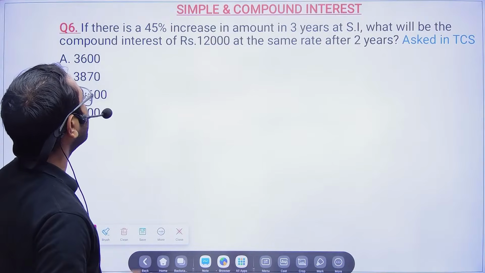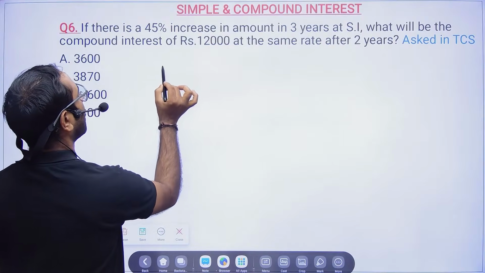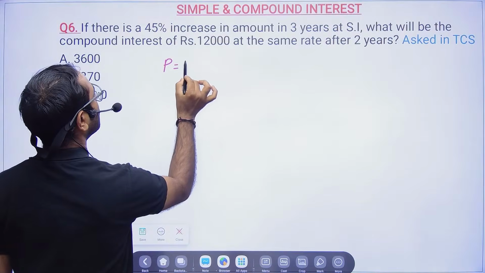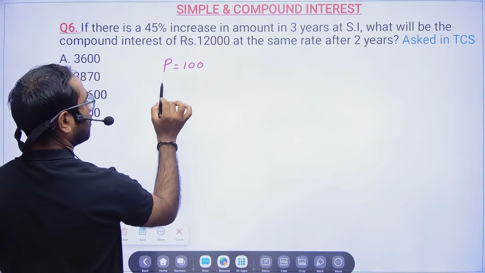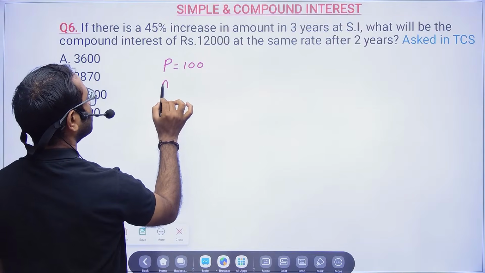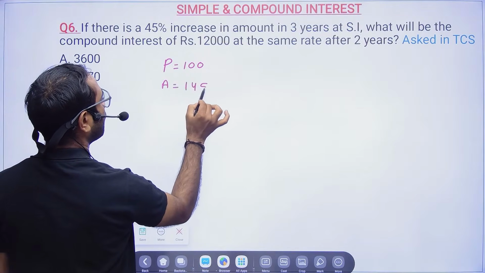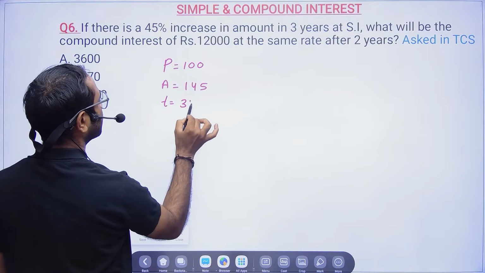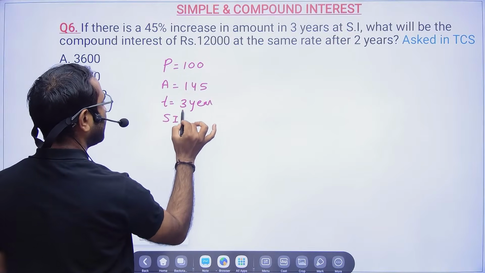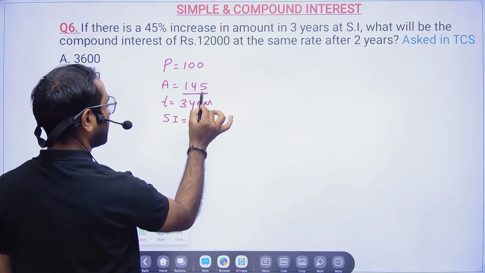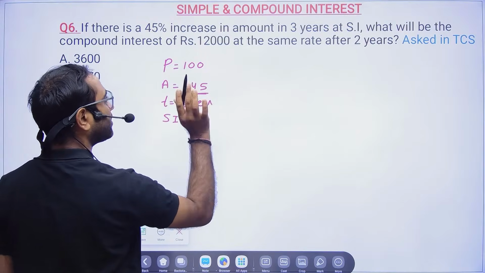If there is a 45% increase in the amount in 3 years, I'm taking principal as 100. So my amount will become 145 in 3 years. That means the simple interest is 45 rupees in 3 years.